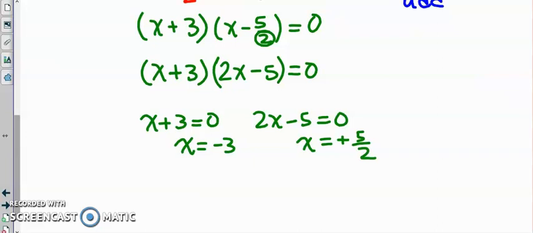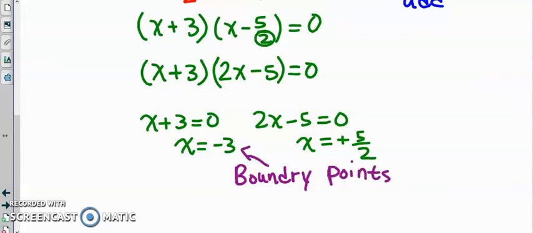That means those are our boundary points. So when we do the next step, we're going to be using those to solve out what's going on. And I spelled boundary wrong, sorry. Boundary. All right, so we have that.